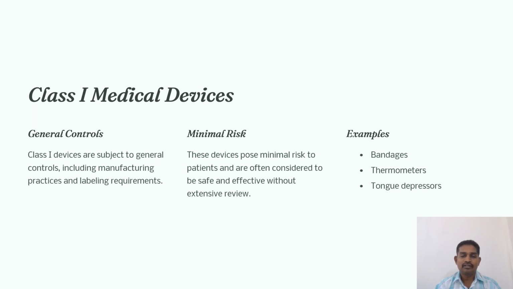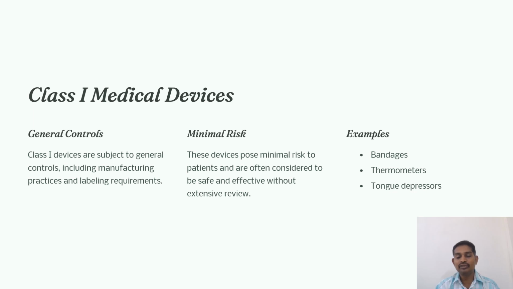The general control for class 1 medical devices: they are subject to general controls including the manufacturer practices and labeling requirements. These pose a minimal risk to the patient and are often considered to be safe without any extensive review. As we have discussed in the examples, bandages, thermometers, tongue depressors may possess a minimum risk.